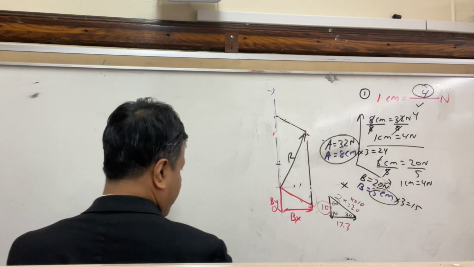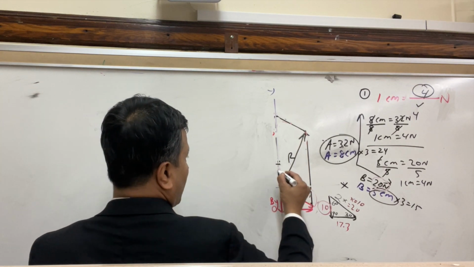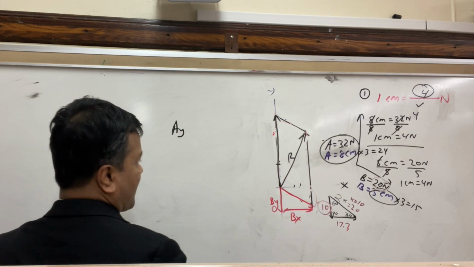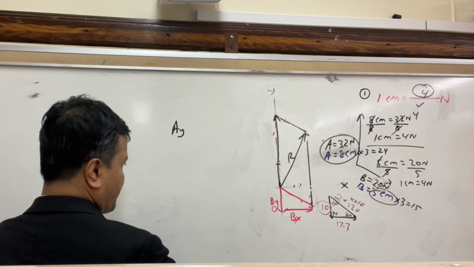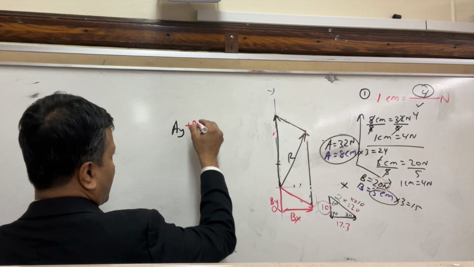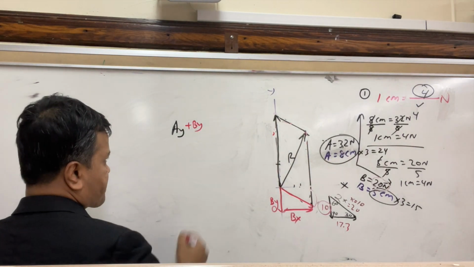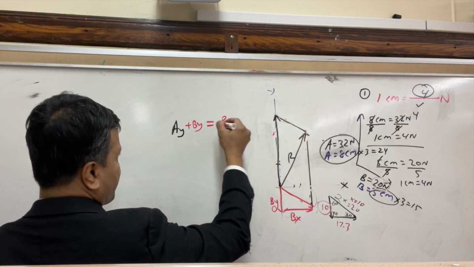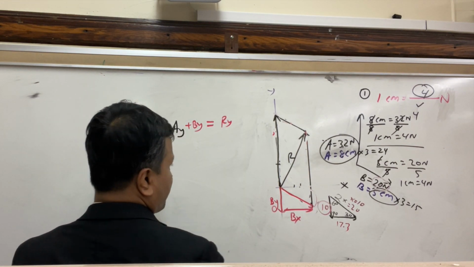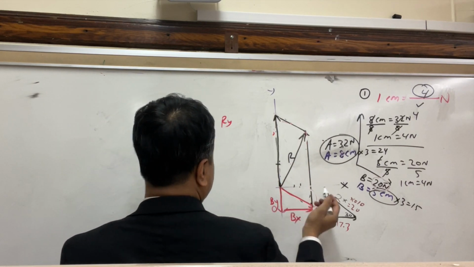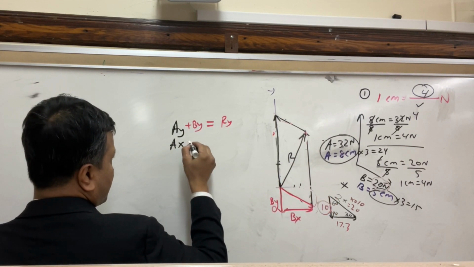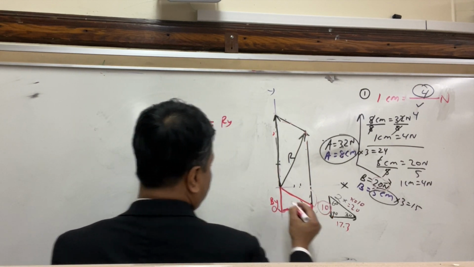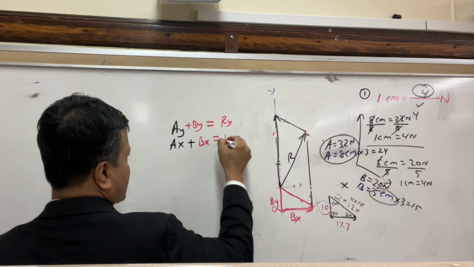So now I have the y component of A, Ay, plus the y component of B, By, is equal to Ry. I have the x component of A, 0, plus the x component of B, which is Rx.